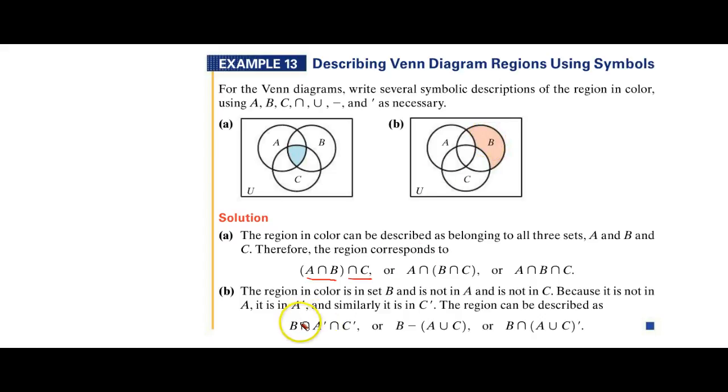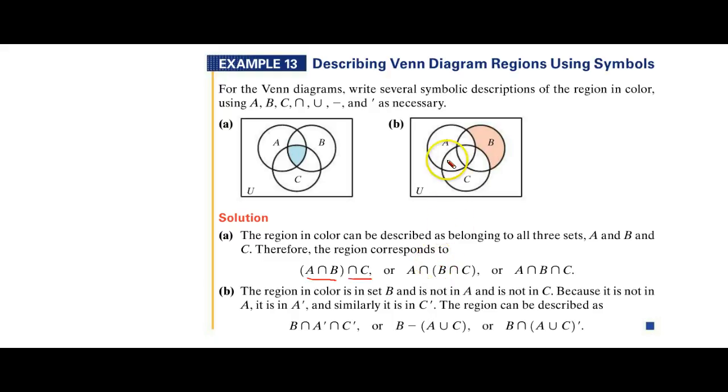So they're saying that B is intersecting with the complement of A. So there is the complement of A, everything that's not included in A, and it's the intersection then with the complement of C, everything that's not in C. So the part that would be intersected is this.